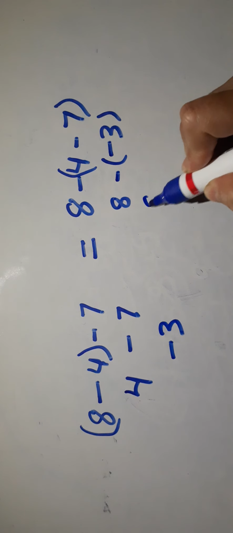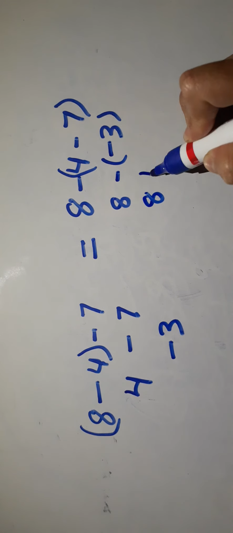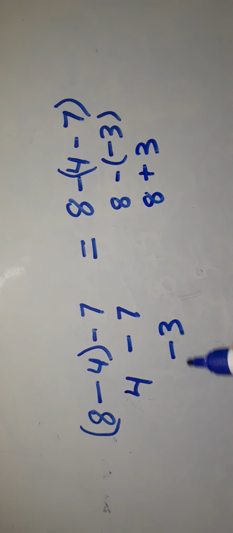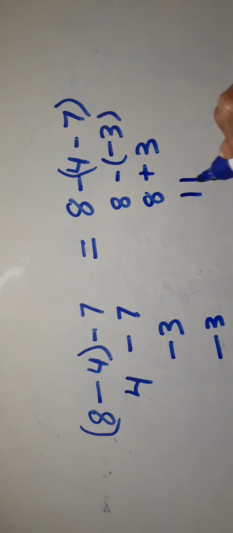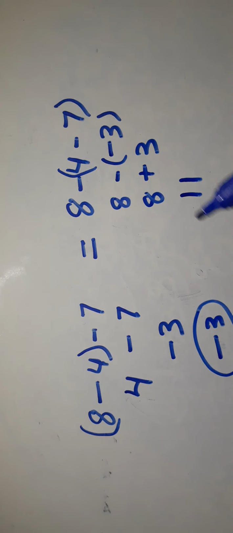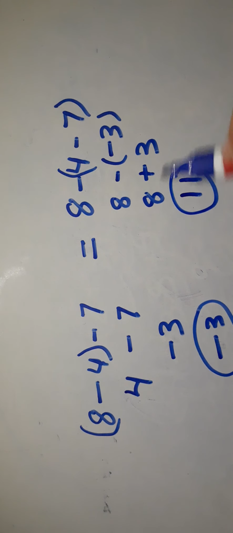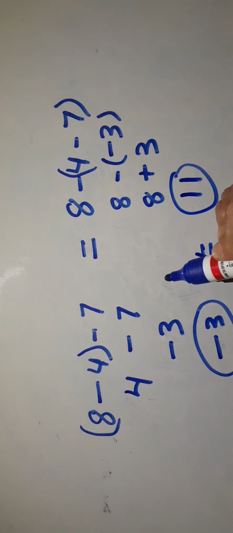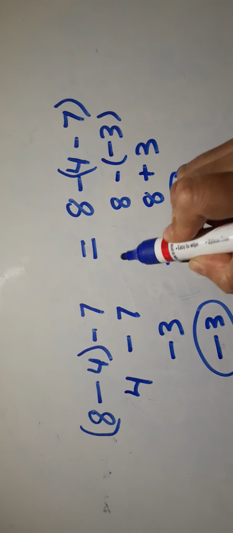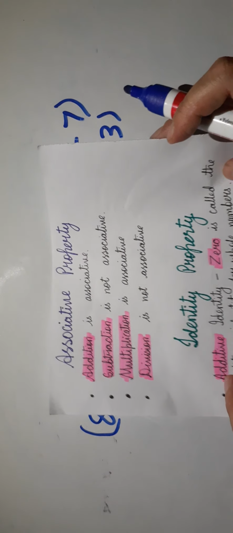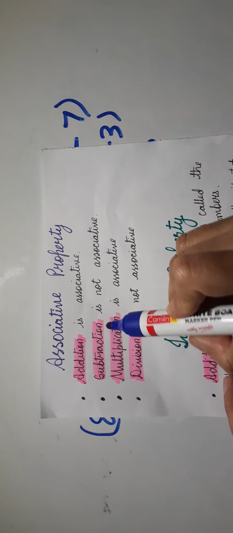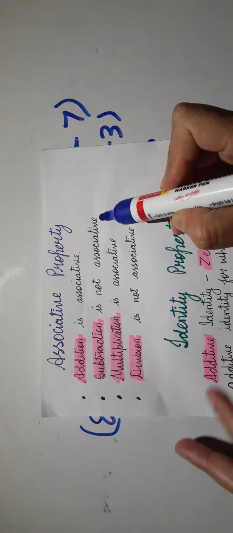So I'll write 8 minus into minus 3, which is plus 3. Here again I'll write minus 3. Now 8 plus 3 is 11. Now see, this is not a whole number, but this is. So definitely minus 3 is not equal to 11. Hence, subtraction is not associative.